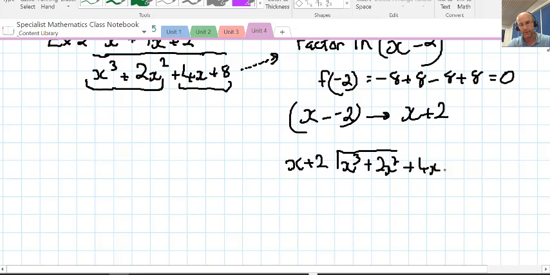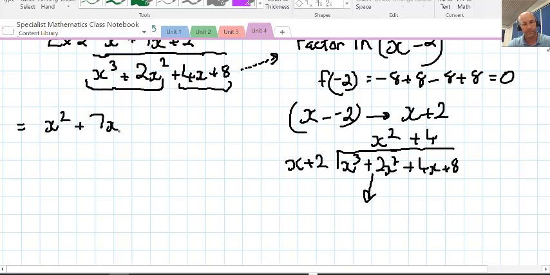Either way, that's not the focus of the video. You'll actually get the other factor is, well, I'll put it up where it's supposed to go, x squared plus 4. So we rewrite that denominator then as, well, let's write the whole fraction, and the denominator is rewritten in the form that we want.